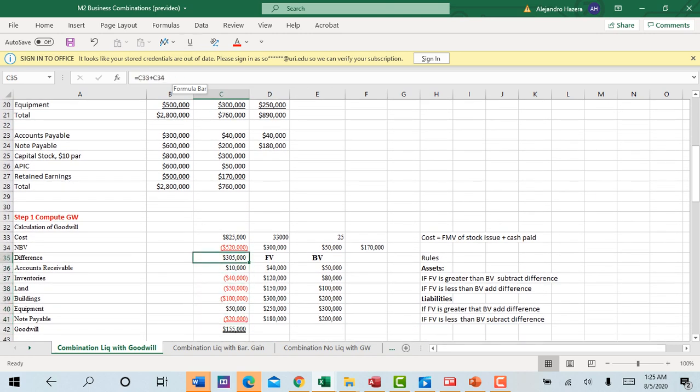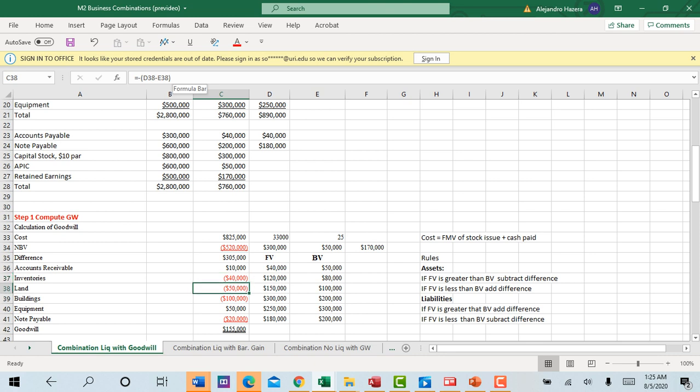What we're saying with goodwill is that there are 2 reasons why you would overpay for a company. One is that specific assets and liabilities have fair values that differ from the book values. So we've overpaid by $305, and we took out the reasons for the overpayment. That's why we subtract from this $305 amounts where the fair value is greater than the book value. In this case, accounts receivable, you paid $40,000 more because they were worth $40,000 more.